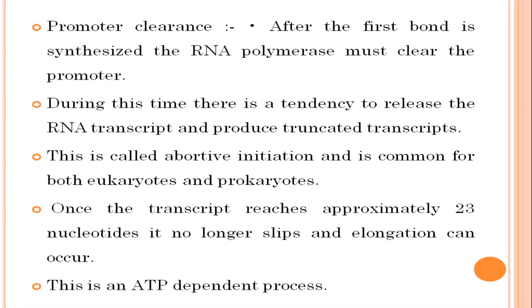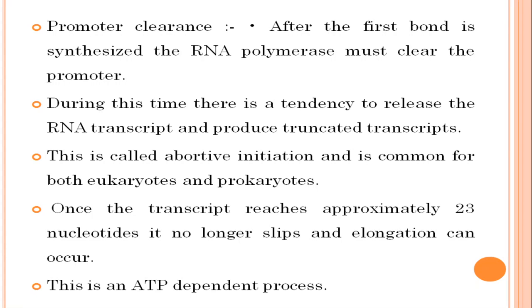The last phase of transcription initiation is promoter clearance. After the first bond is synthesized, the RNA polymerase must clear the promoter, meaning it should start to move towards the downstream position. And during this time, there is a tendency that the RNA transcript gets released and the process of transcription is frozen, which is also called abortive initiation.